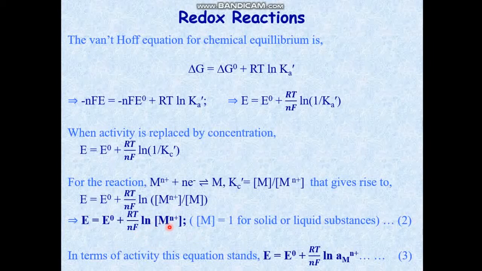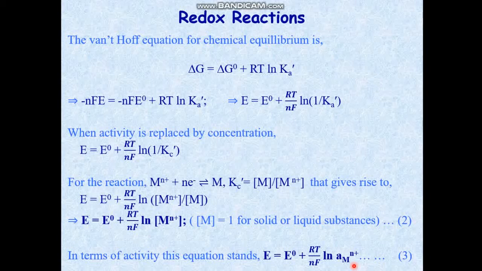That was the simple presentation of the Nernst equation. But in equation 2, from the context of this reduction reaction, we can write this equation. And equation 3 is similar to equation 1. Instead of A, we are just writing here the active mass of the metal cation. So these are the different forms of the Nernst equation.